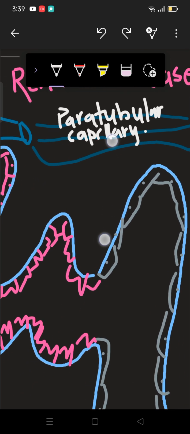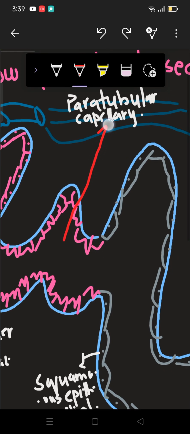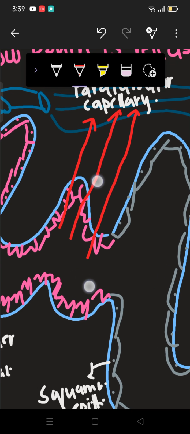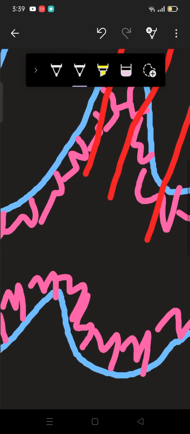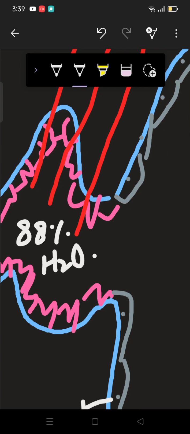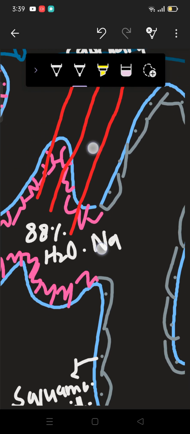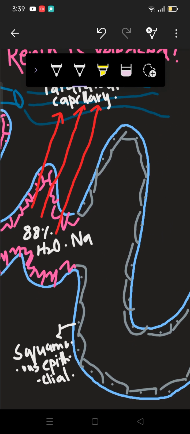Here the reabsorption of water is happening from the PCT. 88% of the water is reabsorbed, and sodium ions are reabsorbed as well. When sodium ions are reabsorbed, it means the salts are reabsorbed.